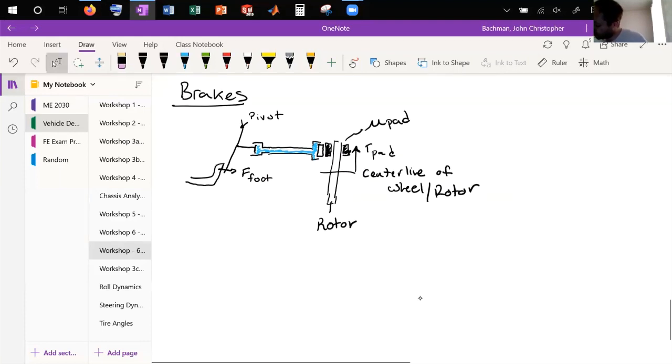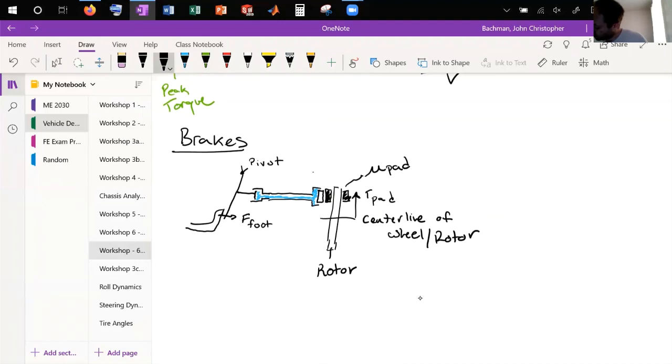The area of the piston on the calipers and the area of the master cylinder are also important. The length of the pedal from the pivot to where the driver is pushing is important, and then the length to the master cylinder is also important in this system.